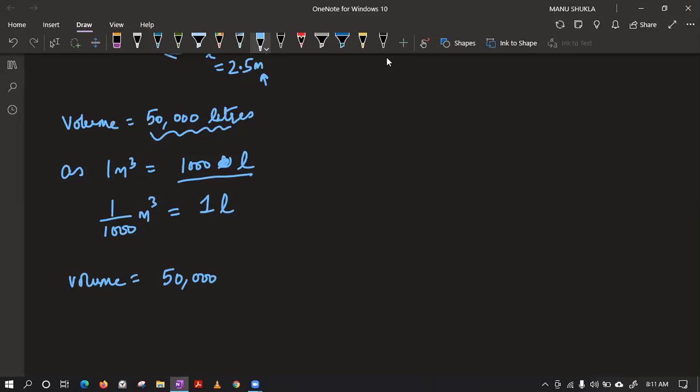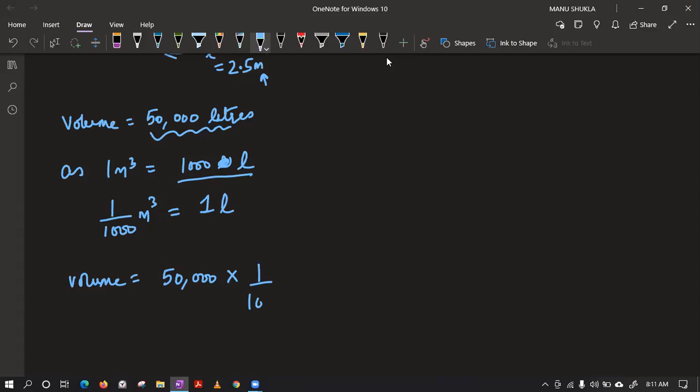So the volume will become 50,000 into, we had liters, we have to just convert this. So we could directly use 50,000. No, Vaishnav, you can't use it directly because this is in liters and the dimensions given to you are in meters, so you can't relate them in that case. That is a problem.